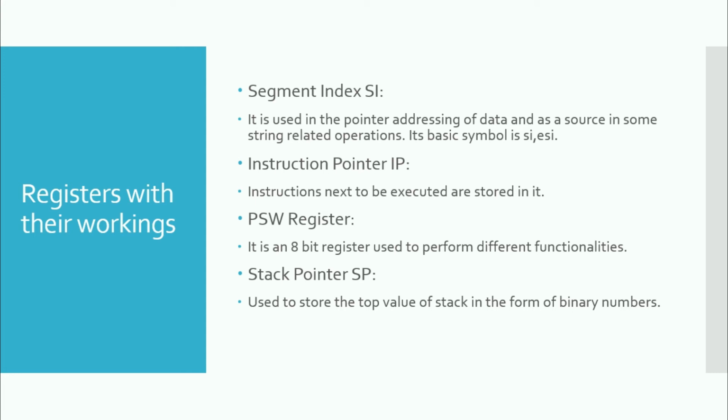Then after the source index, the instruction pointer. The next instructions to be executed are stored in this register. And the PSW register. PSW stands for program status word register. It is a collection of 8-bit registers, used to perform different 8-bit functionalities.